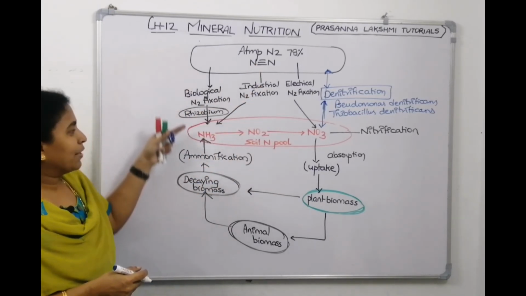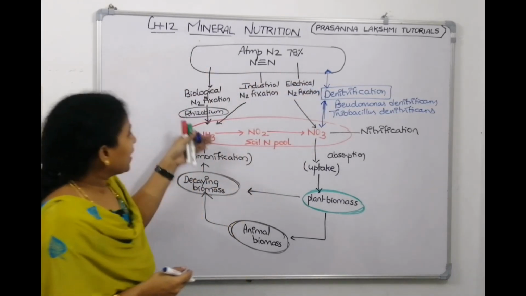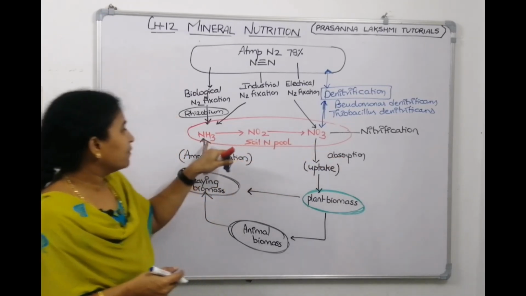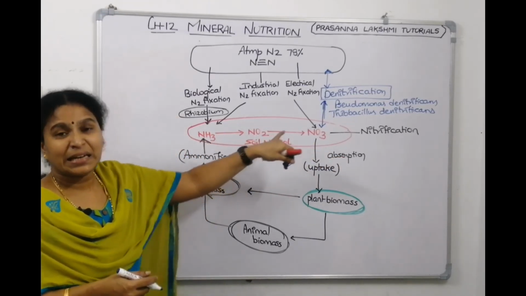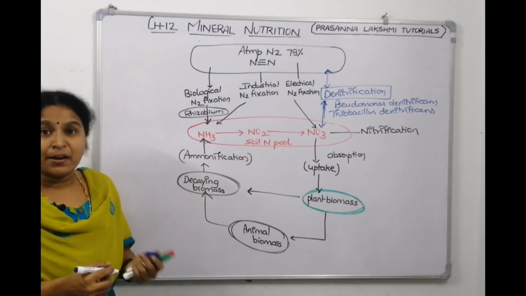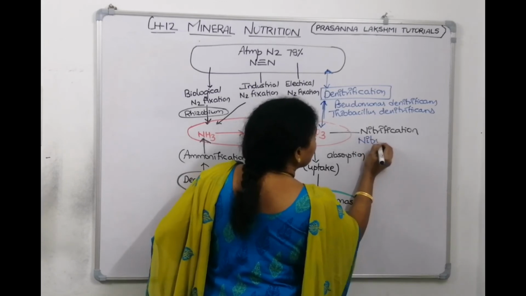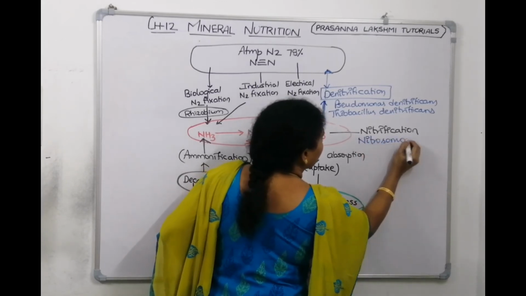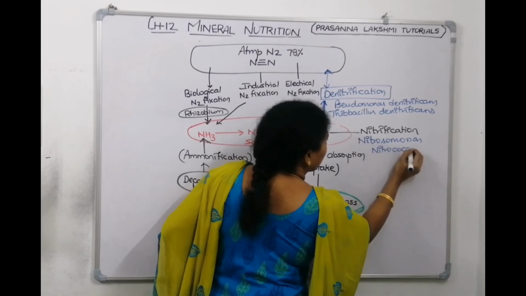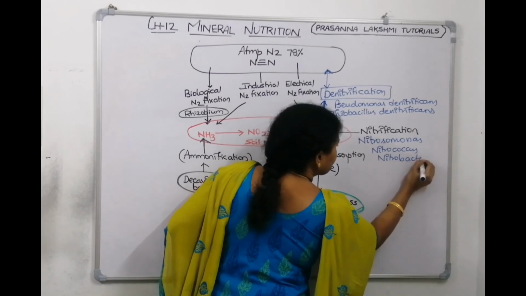So this is a microbial mediated process. This is nitrification, this is denitrification, and these bacteria which convert ammonia to nitrite, nitrite to nitrate, are called nitrifying bacteria. They are Nitrosomonas, Nitrococcus, Nitrobacter.